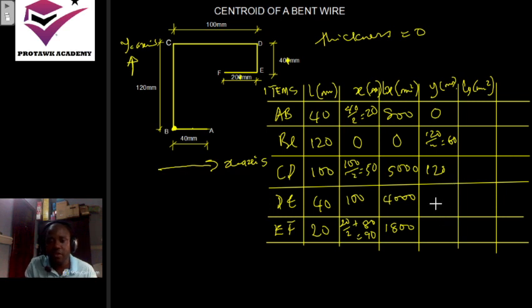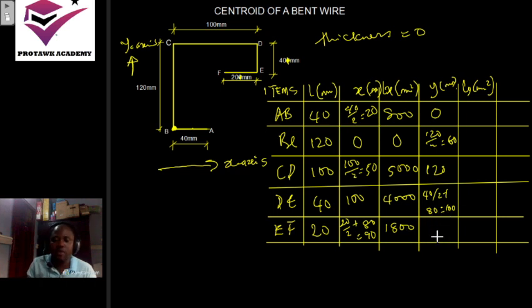So it's going to be 40 over 2 plus 120 minus 40, which is 80, plus 80. So this will be equal to 100, because 40 over 2 is 20, plus 80, which is 100.